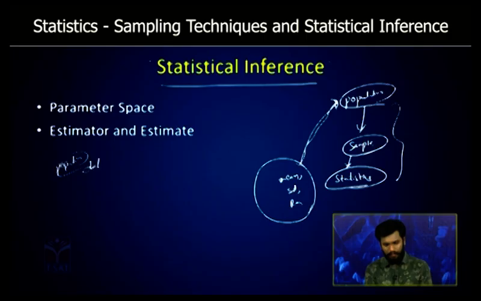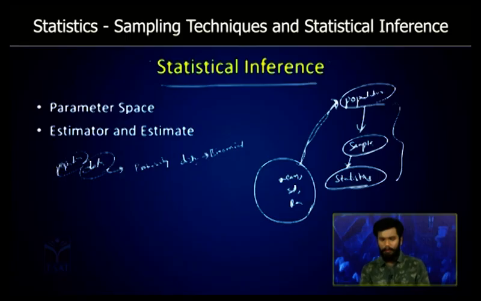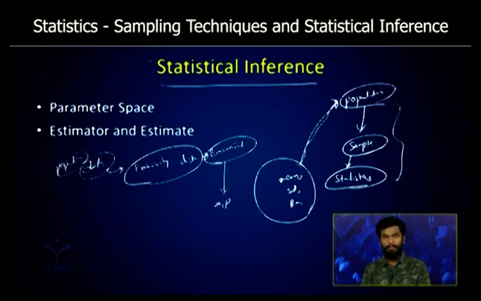Now we have the population of data. This data will follow some probability distribution. Let us consider it is following a binomial distribution. For this binomial distribution, we have parameters n comma p.